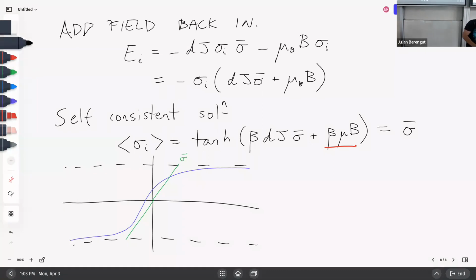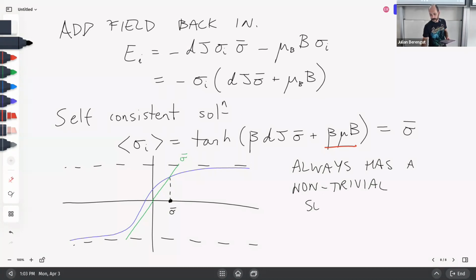The difference now is that regardless of what beta dJ is, there'll always be a non-trivial solution. So even if that magnetism is really, really small, if I just shift it off zero a little bit, it means that there is a non-zero solution to sigma bar.